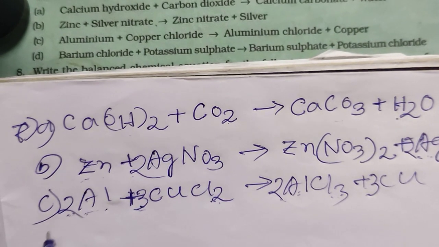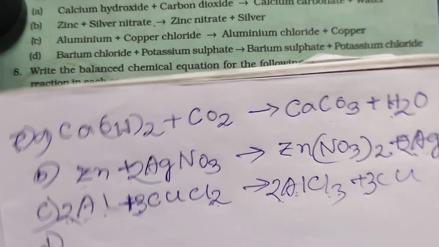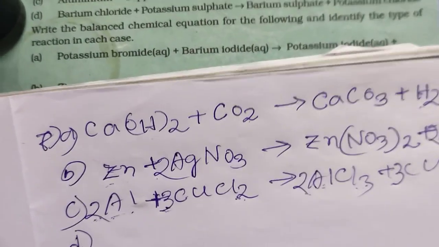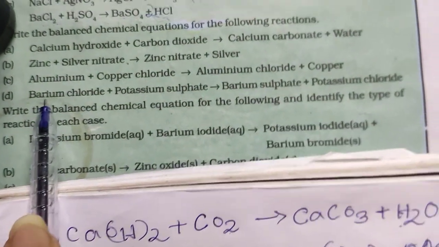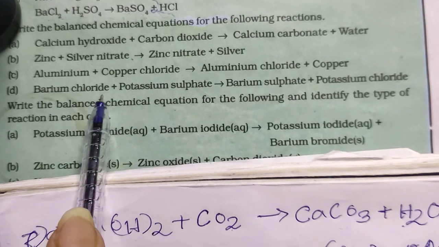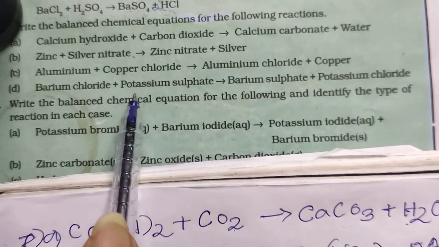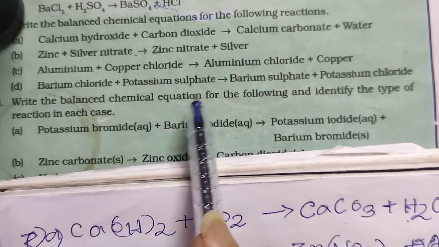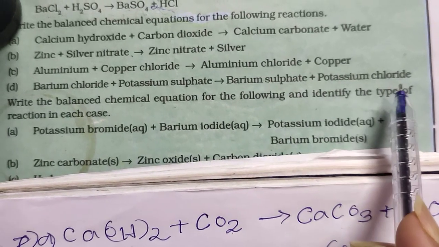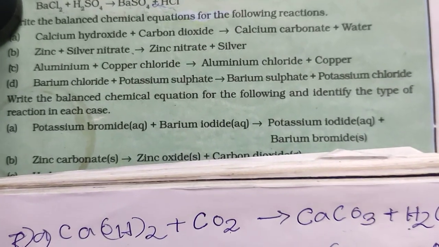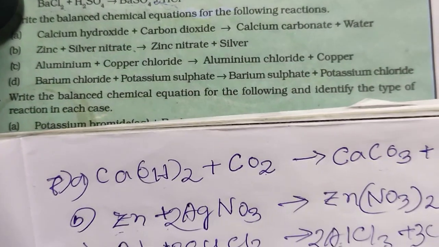Okay, now let's go to the next question, that is question D. You see, barium chloride plus potassium sulfate gives barium sulfate and potassium chloride. Okay, so write the chemical symbols.